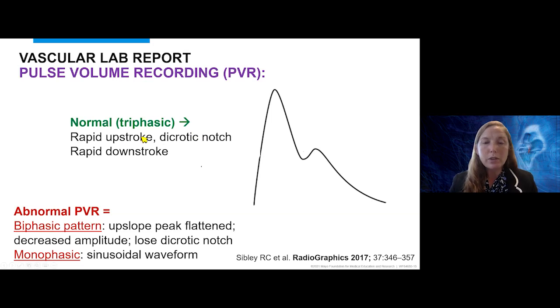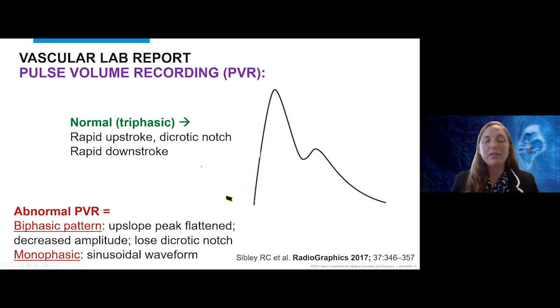So normal, you should have a triphasic waveform where you get this rapid upstroke, a dichrotic notch, and then a rapid downstroke. An abnormal pulse volume recording is going to be more of a biphasic pattern where you don't have quite as high of a peak, so it's going to peak lower.